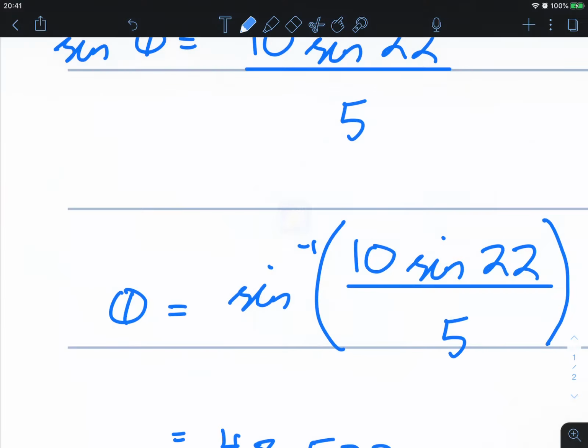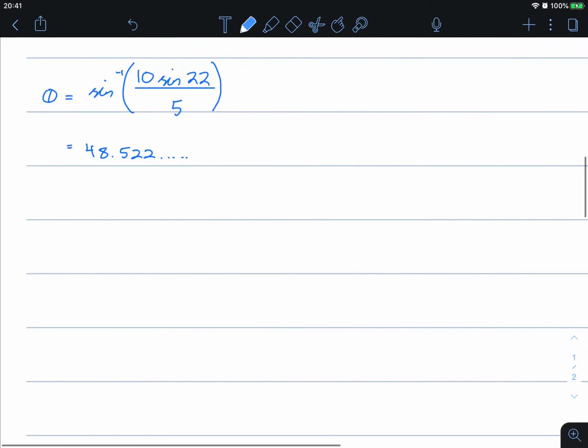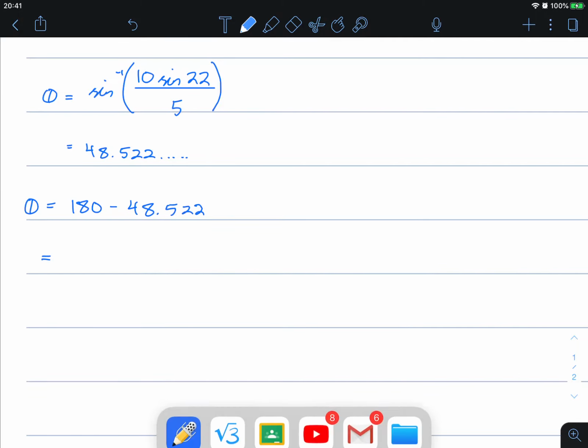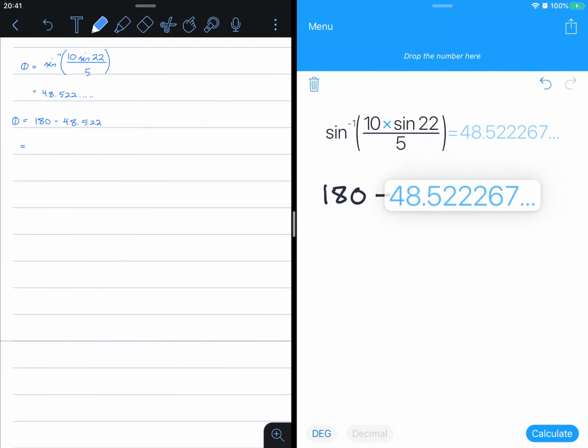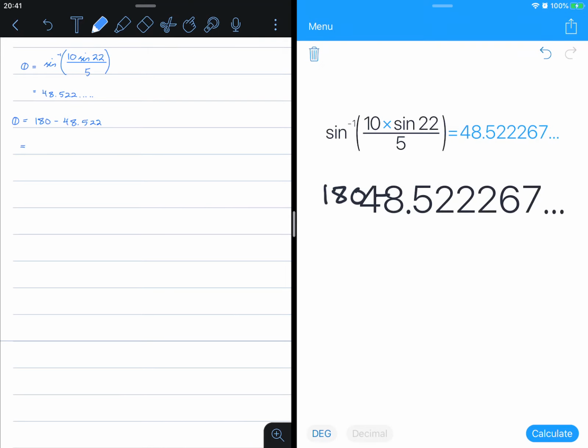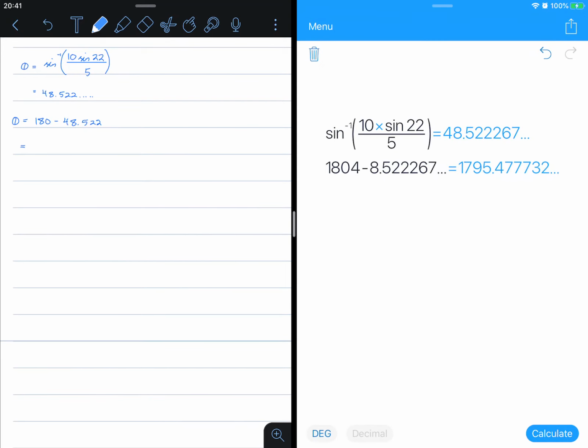So to actually find theta, we do theta equals 180 minus 48.522, which is equal to 180 take away this angle here.